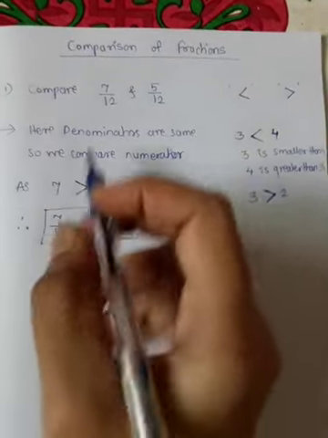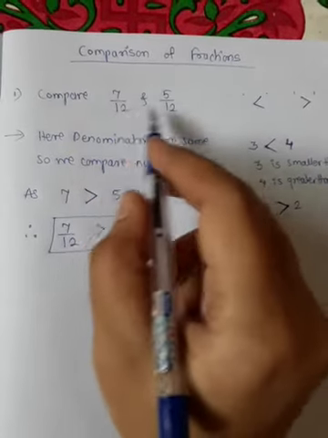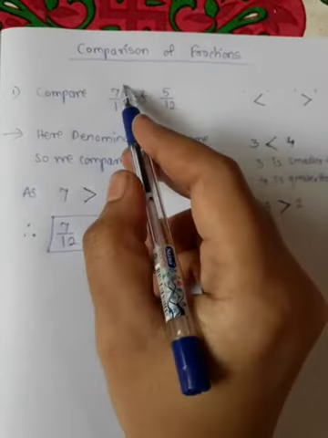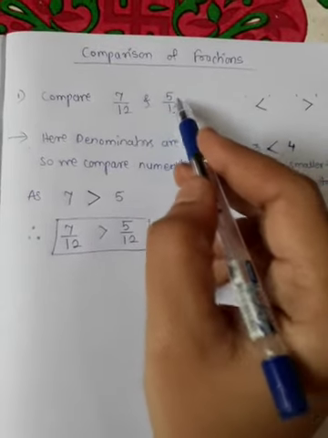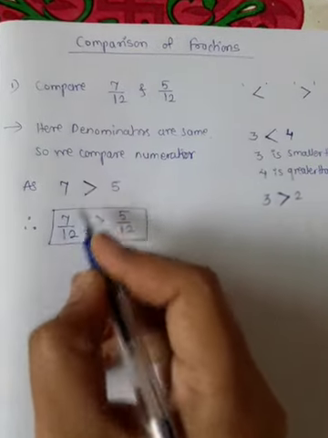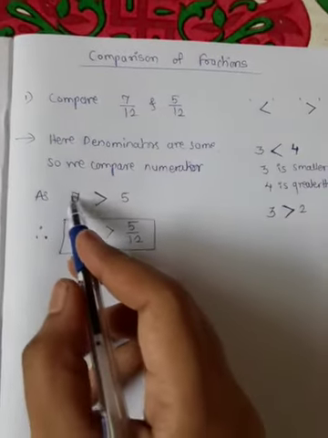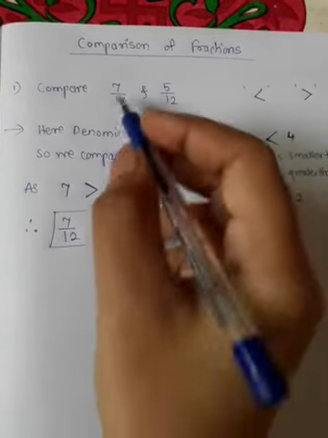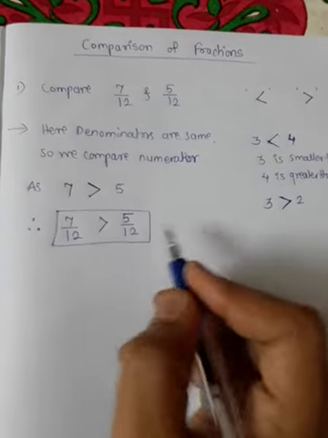Whenever we compare two like fractions, if the denominators are same, then the fraction with greater numerator is always greater. Here 7 by 12 is the fraction with greater numerator, and 5 by 12 is the fraction with smaller numerator.